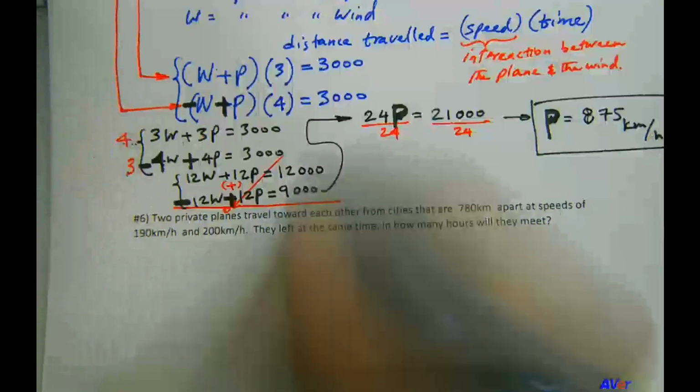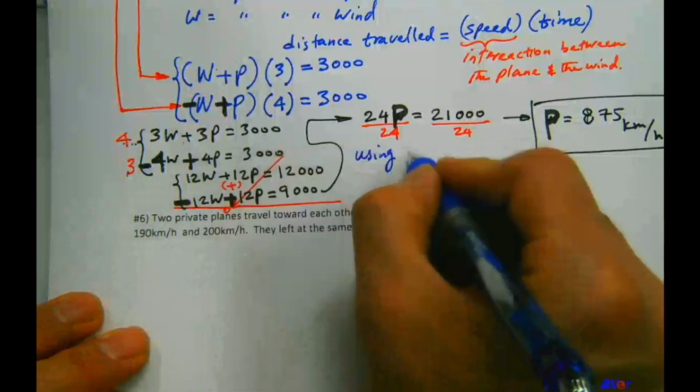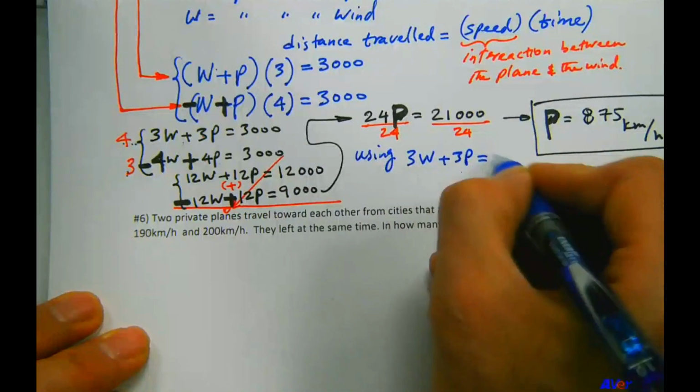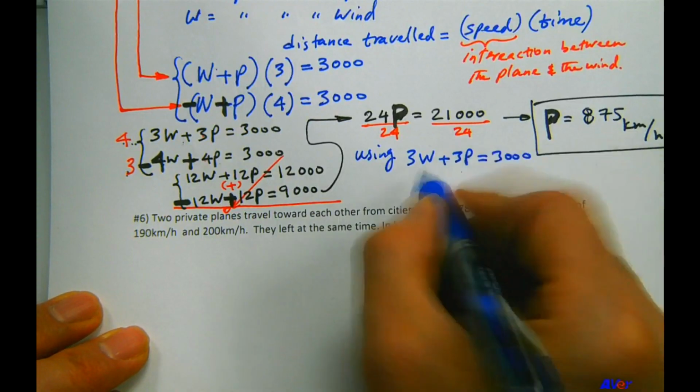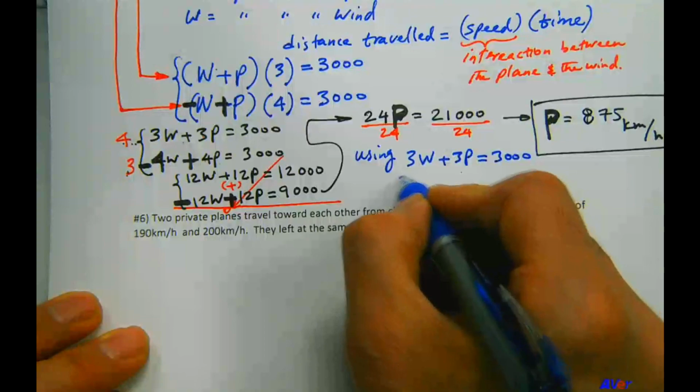So using 3W plus 3P equals 3,000. Then let's substitute for P with 875.